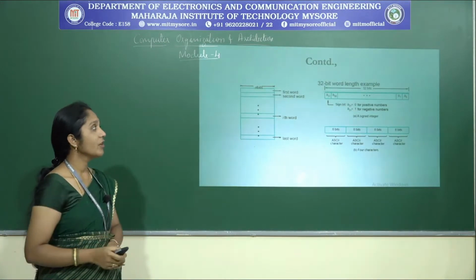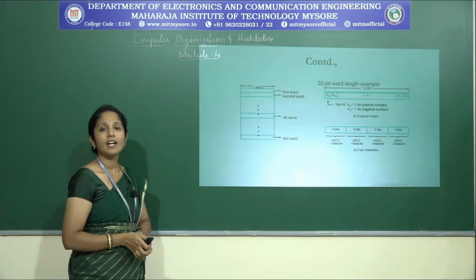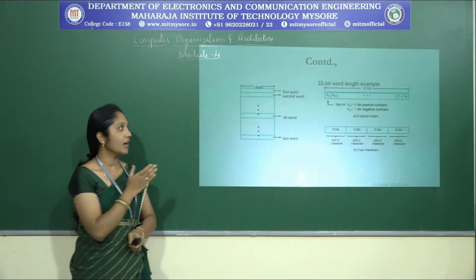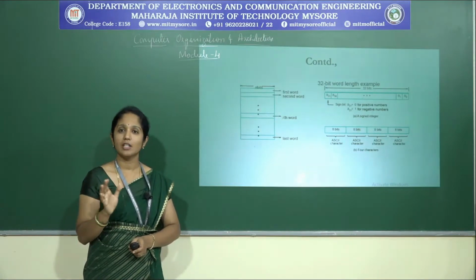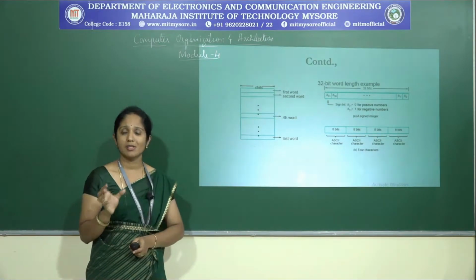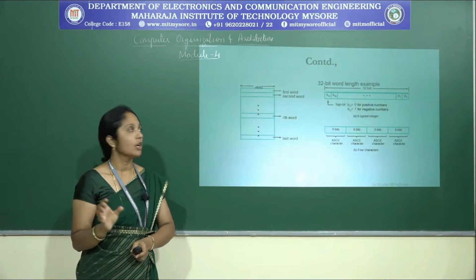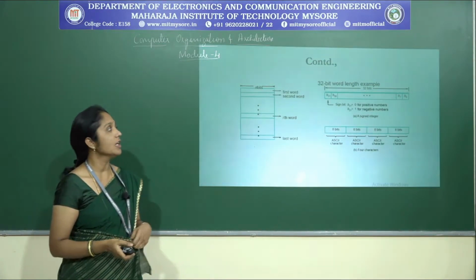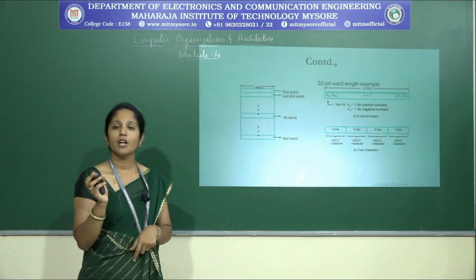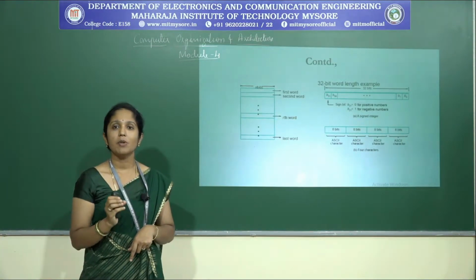Next, if you consider the word, throughout our discussion we are considering a computer having a 32-bit word length, because that is the standard at present. Therefore, if the computer has a 32-bit word length, how are we going to name the bits?